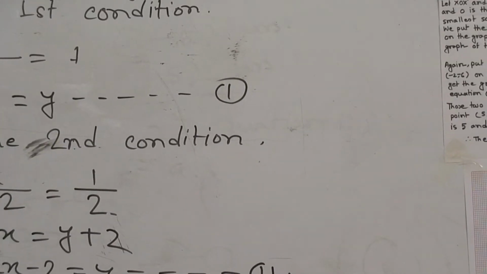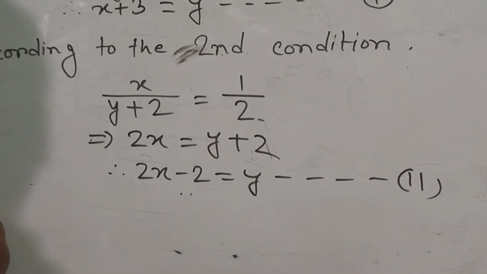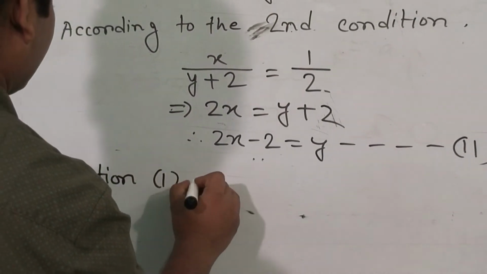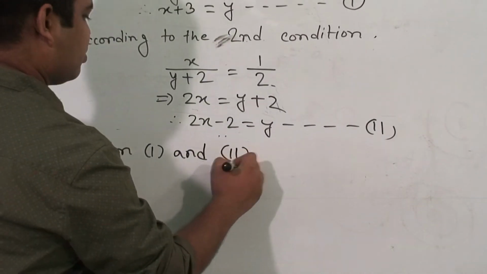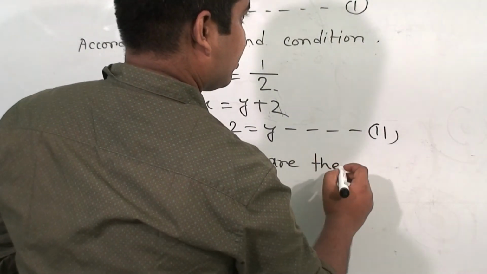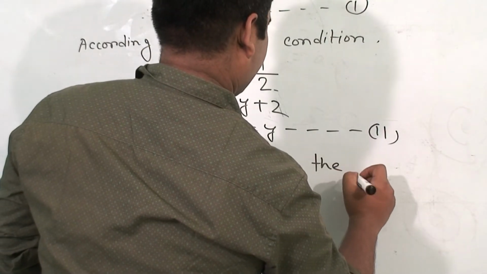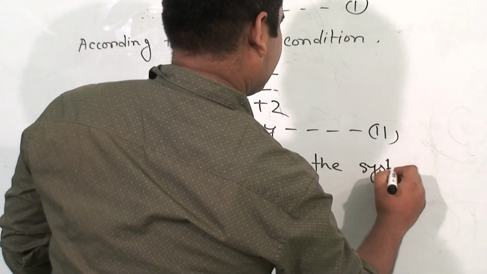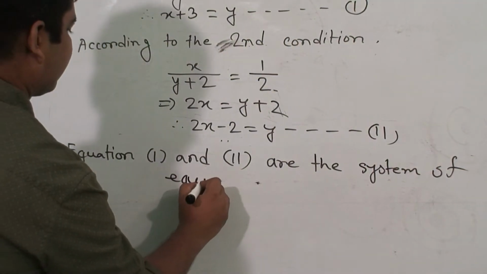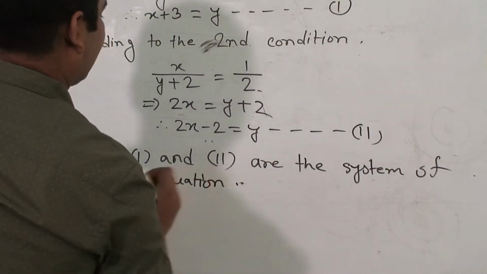So here we write that equations 1 and 2 are the system of equations. Okay, I hope you have understood.